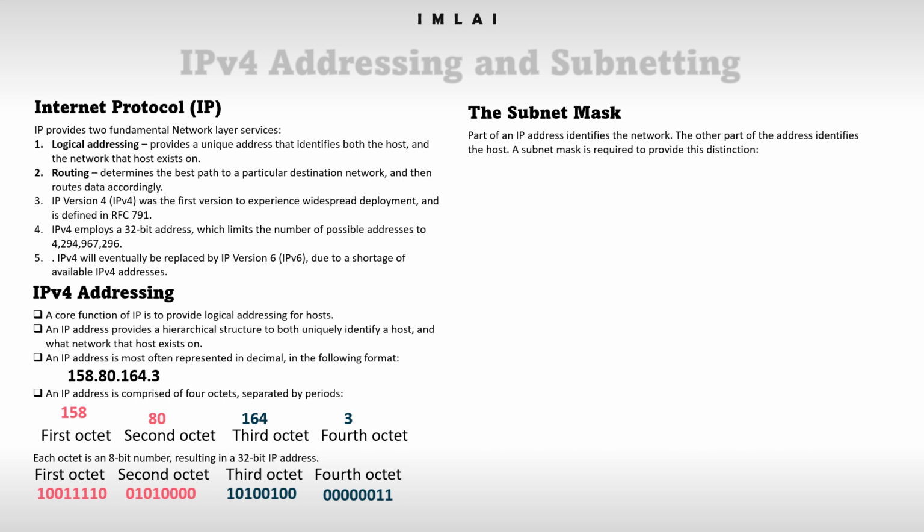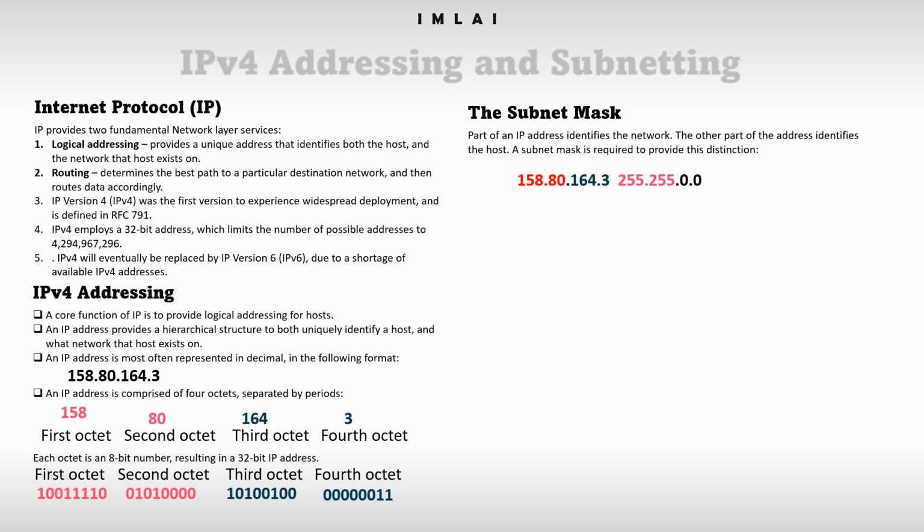So let's take this example. This address has a subnet mask of 255.255.0.0. Normally the subnet mask has only two rules. Total we have 32 bits, right?